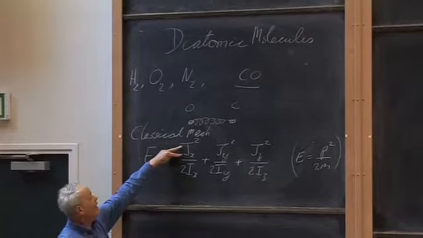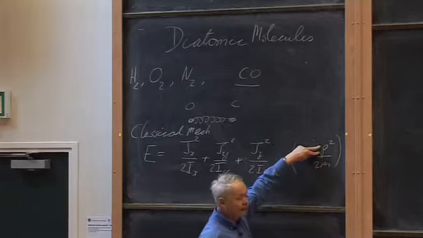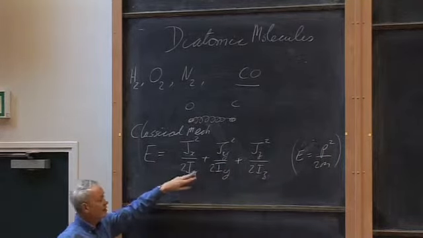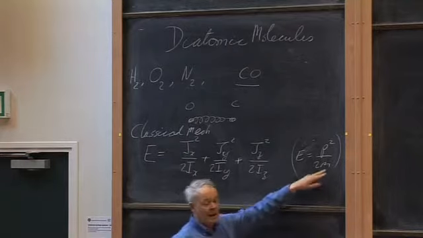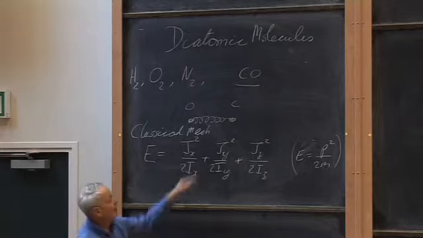So we have the angular momentum x component here instead of the x component of linear momentum, divided by the moment of inertia around the x-axis instead of divided by mass. So this is the classical expression for the energy of a thing like this.